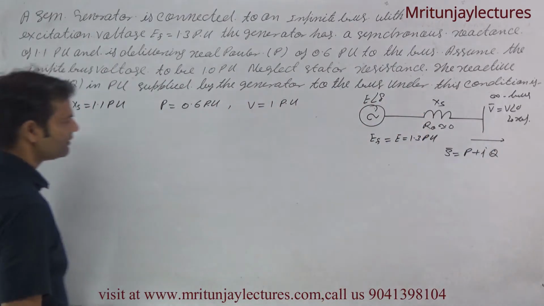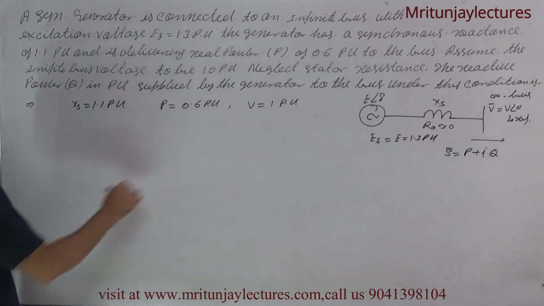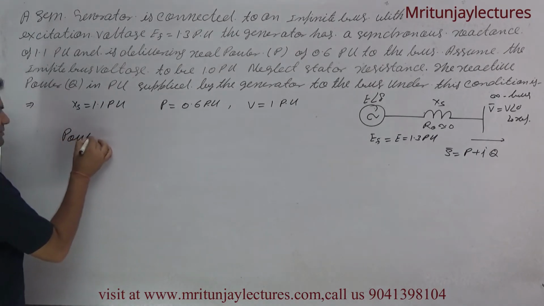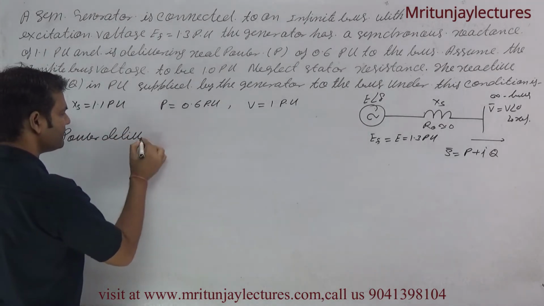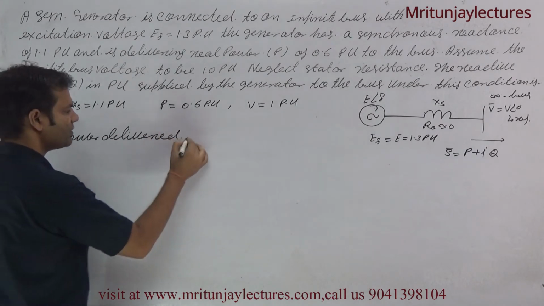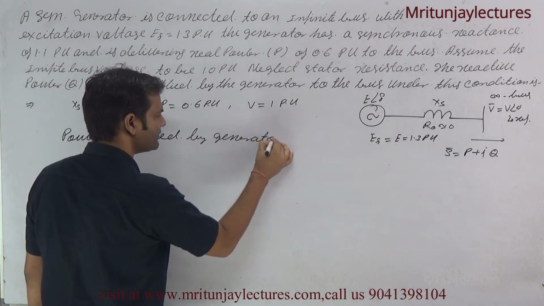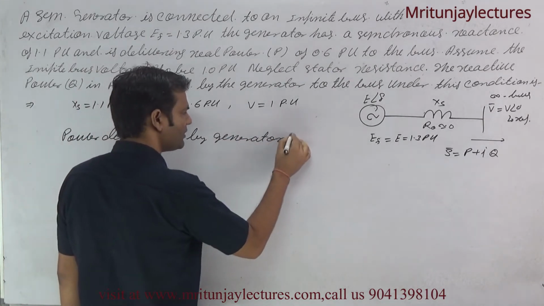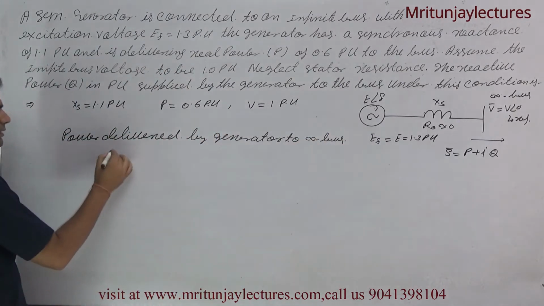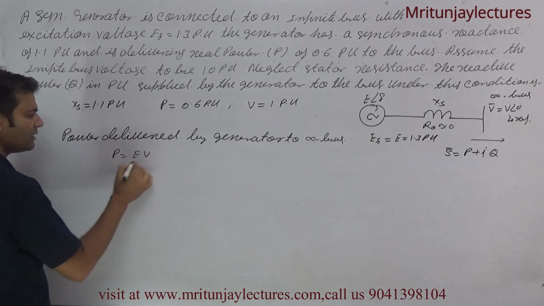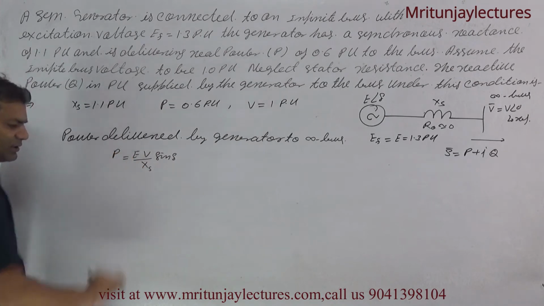Now, one by one I will discuss. First of all, the power delivered by the generator to the infinite bus. P is equal to EV by X into sine delta. I have already derived this formula.